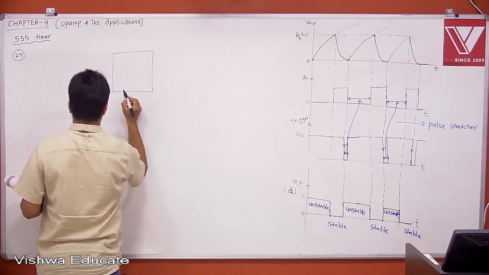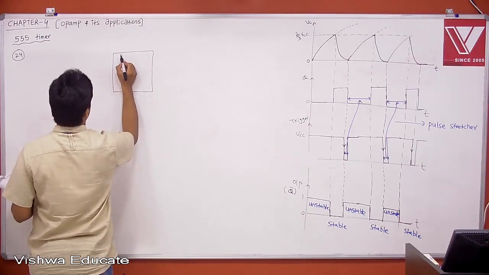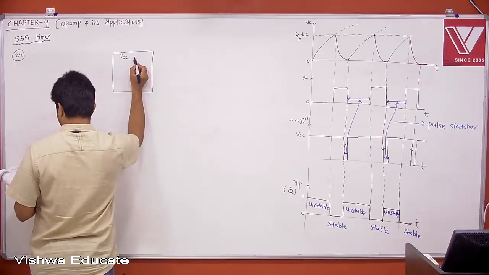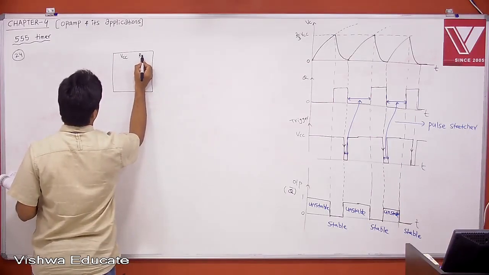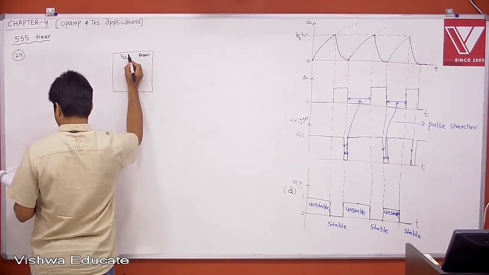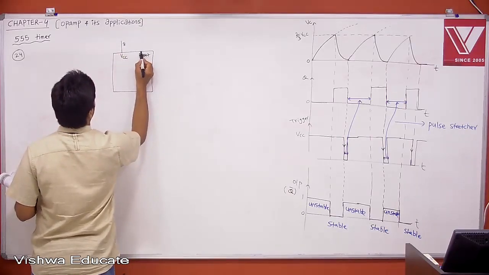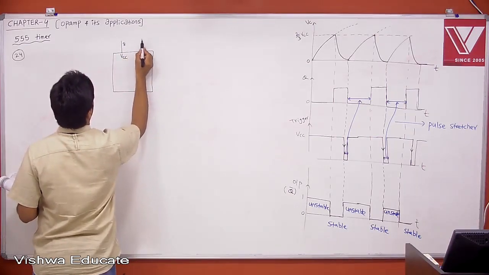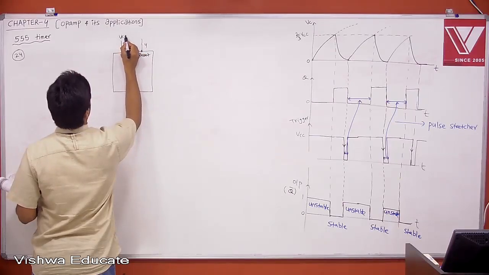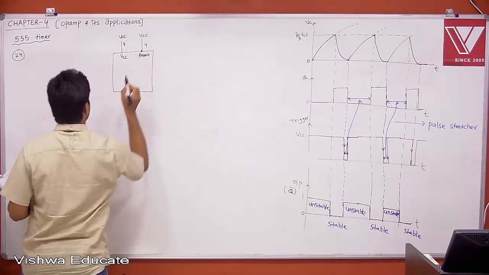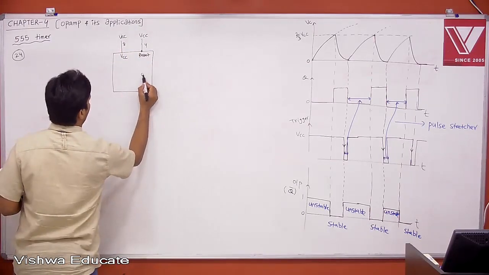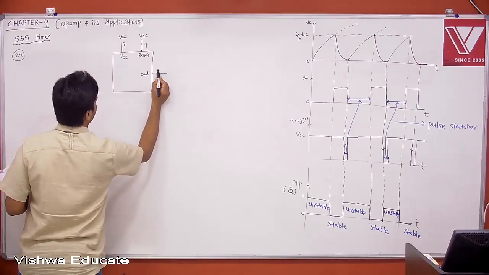This is what is VCC, and this is reset, and this is pin number 8, and this is pin number 4. Both are VCC. Okay, this is what is given, and this is out, which is pin number 3.